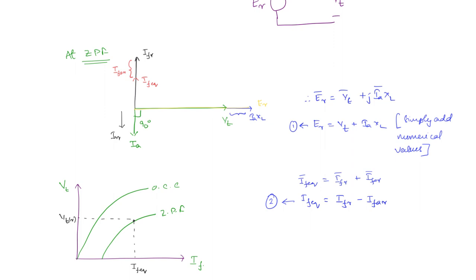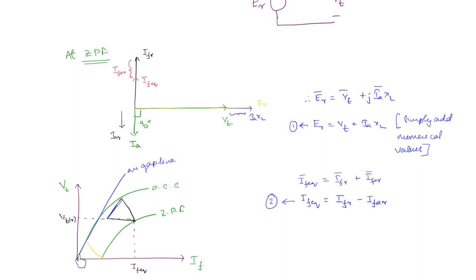That is what we are making use of the Potier triangle, right? So this is how the Potier triangle is going to be. This line here is parallel to the air gap line. The reason is, you can draw the Potier triangle at any point on the ZPF. So if you take this starting point, then the triangle is going to be like this. Okay. Now this triangle and this triangle are similar.